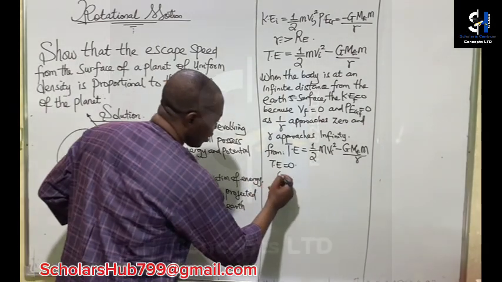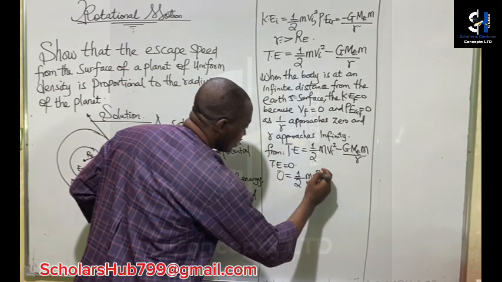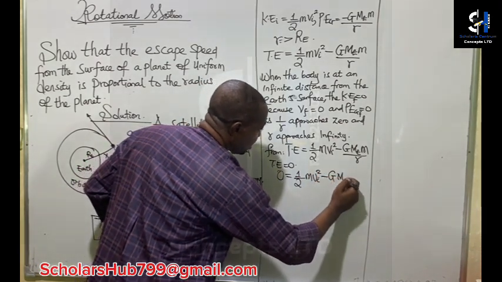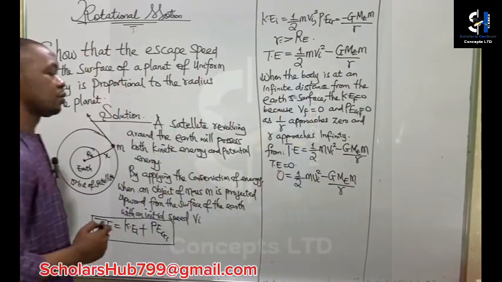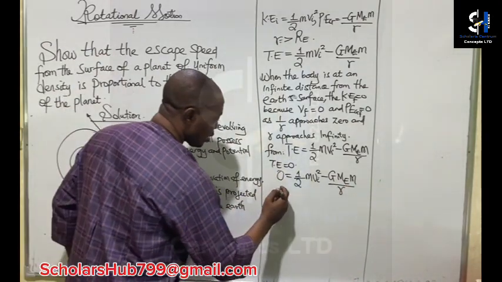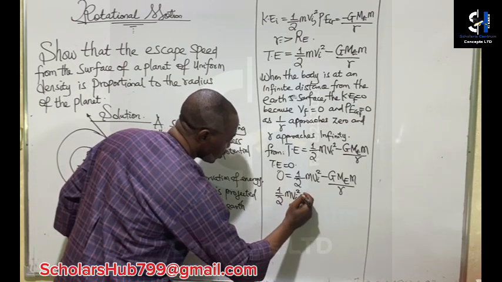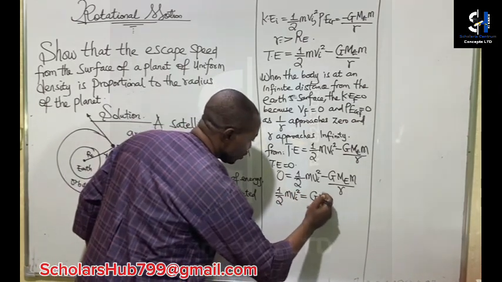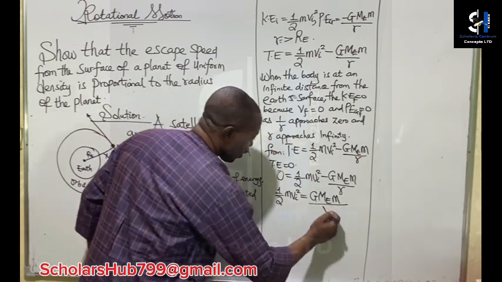And that is when we have zero equals 1/2 m vi² minus G Me times m over r. So we can write this as 1/2 m vi² equals G Me times m over r.